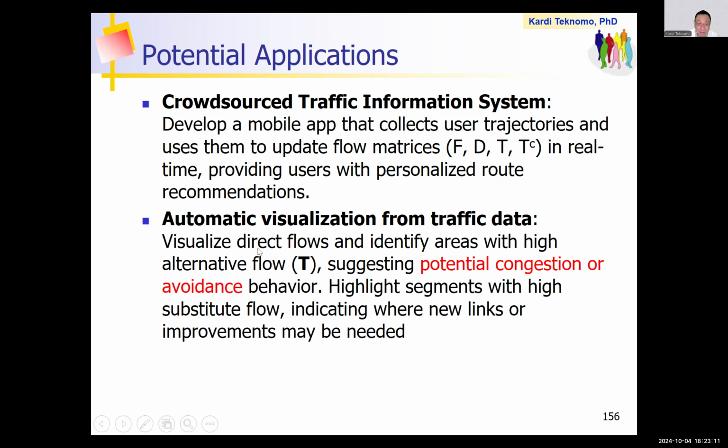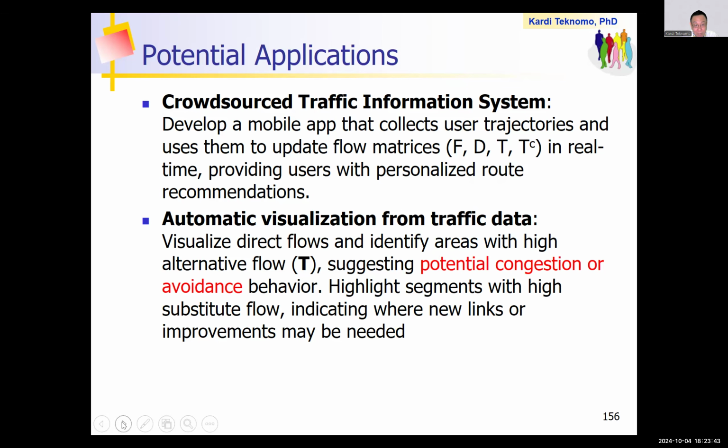Another idea is to create automatic visualization from the traffic data. If you can visualize the direct flow, then you can identify the areas where the alternative route T is high, and in that case you can suggest there is a potential congestion or avoidance behavior. Then you can highlight segments of substitute flow where new links or improvements need to be done.